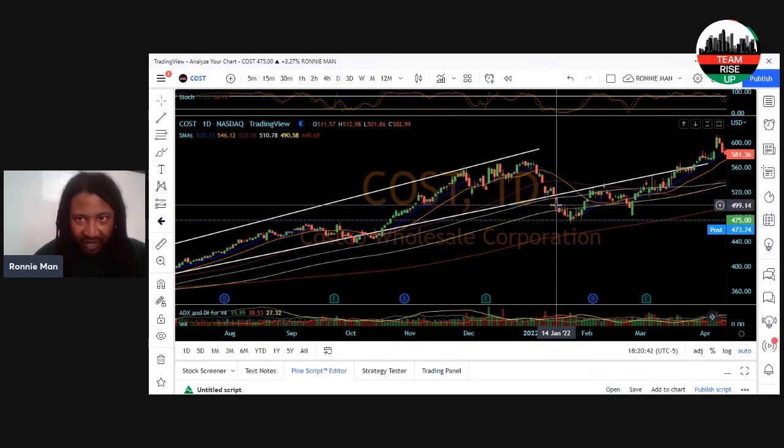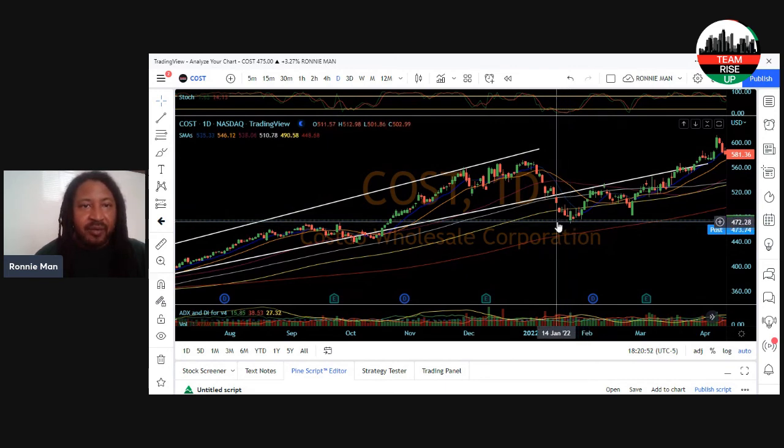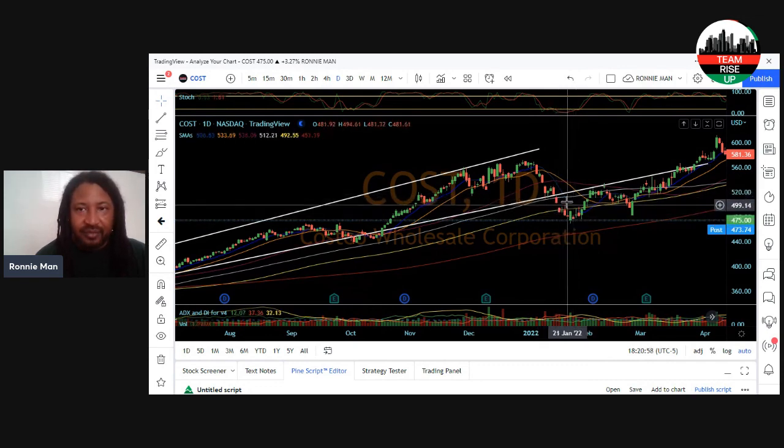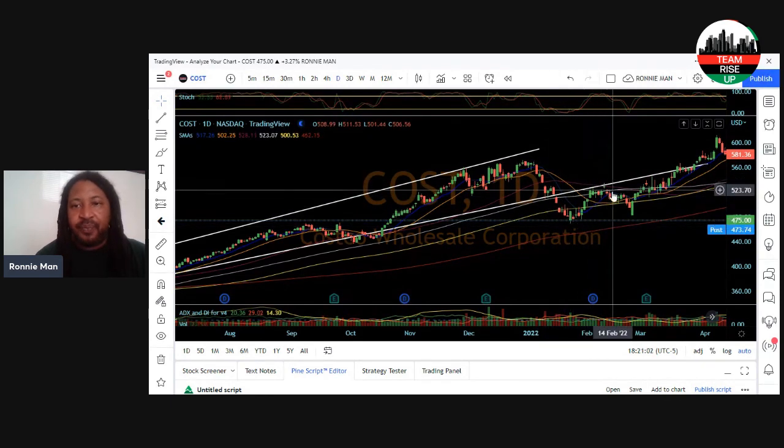The low is 501 on this candle, and then the low right here is 469. So we're talking about a $30 move just off of a breakout, just off of it breaking out of the channel.